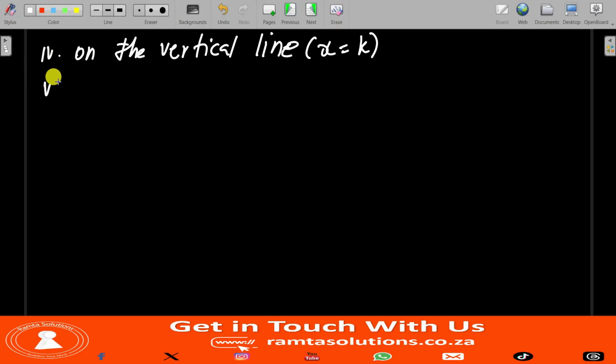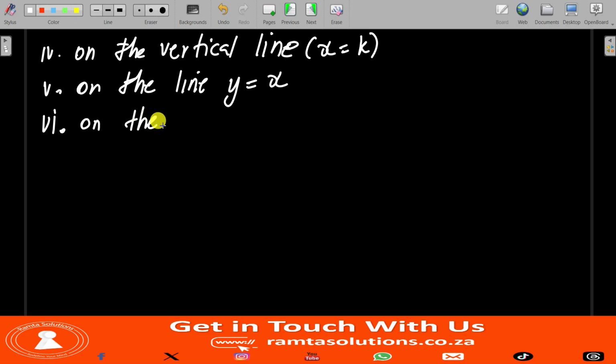Then a fifth one will be when we reflect on the line y equals x. The sixth reflection will be on the line y equals negative x.